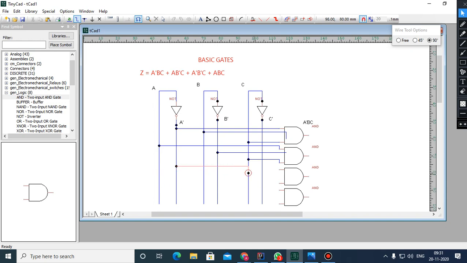So no issues. It is A complement. Then it is B complement, okay, and then finally it is C. Third one is ABC. So here A is coming like this, B is coming like this, and C is also coming like this.